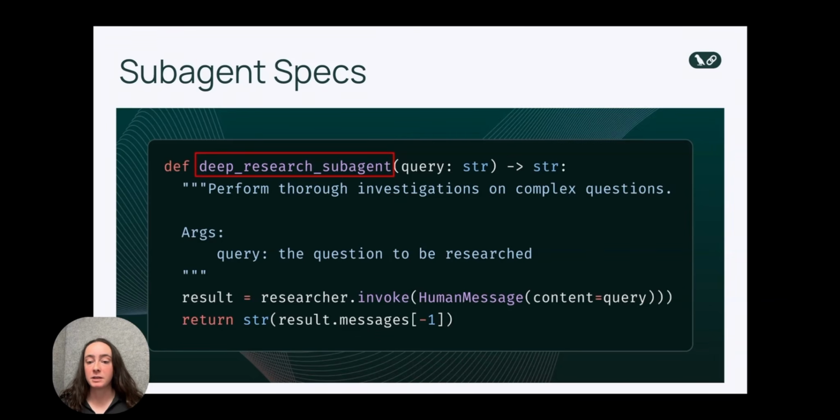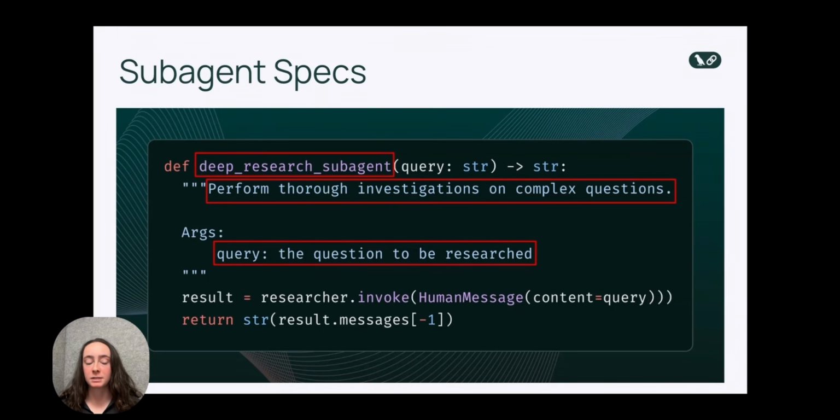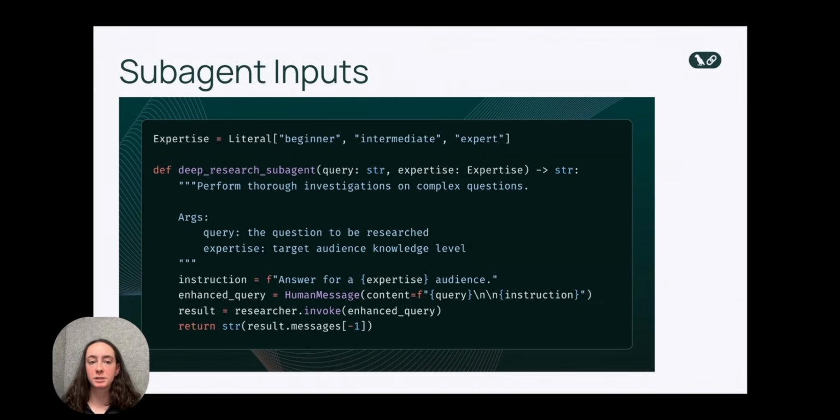The second is the agent description, provided via the doc string here. And the third, when you're using a tool per agent, is the actual function args, types, and descriptions shown here. In this basic case, we're just feeding the query passed to the function directly into that researcher subagent. But what if we want to customize the subagent input so that it can do a bit of a better job with the context provided?